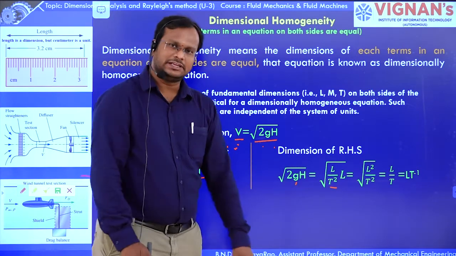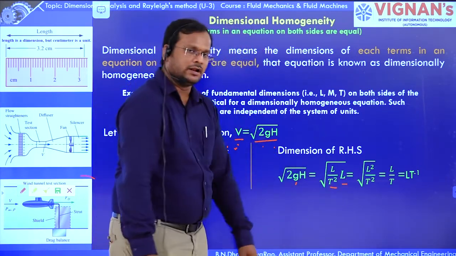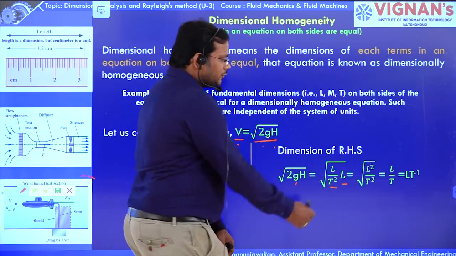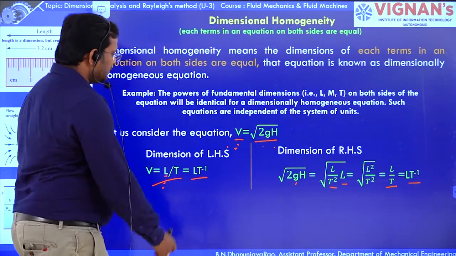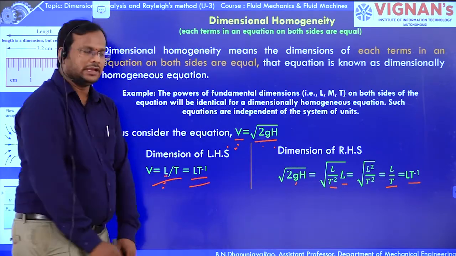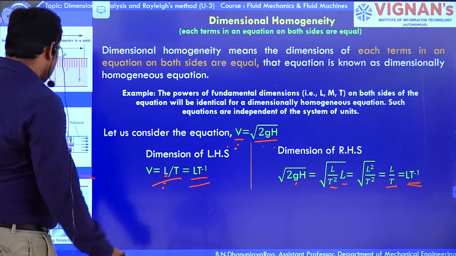And h is height, which is L. So root over L square by T square is again L by T, LT inverse. On the left side the fundamental dimensions are LT inverse, and on the right side they are LT inverse.